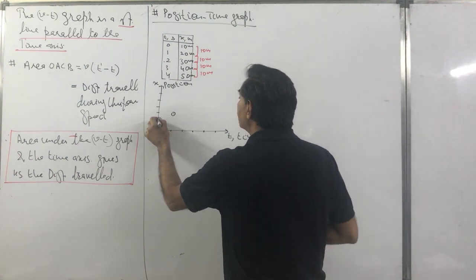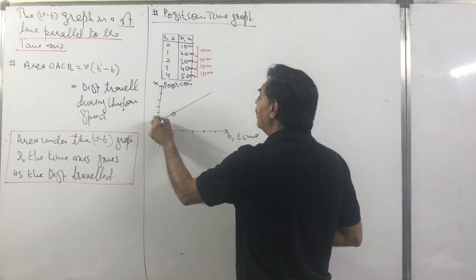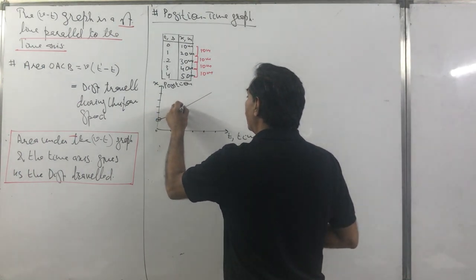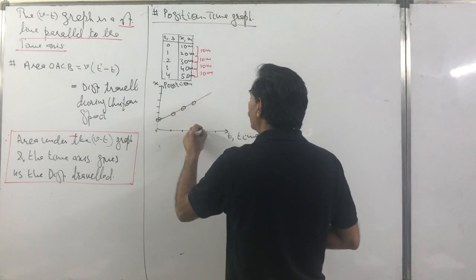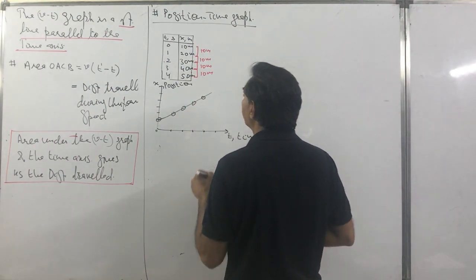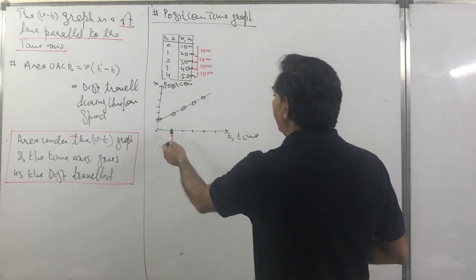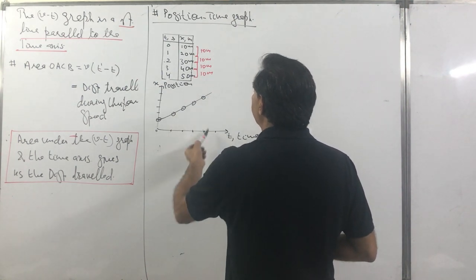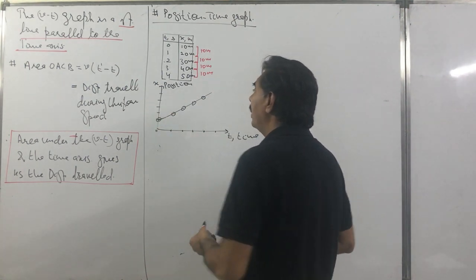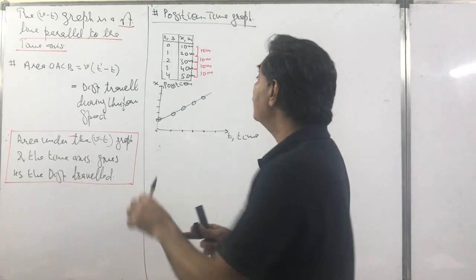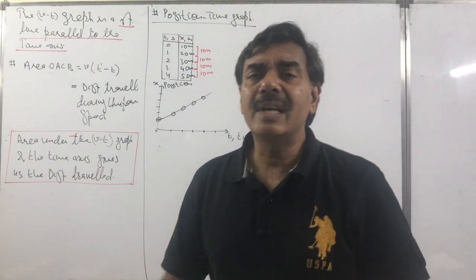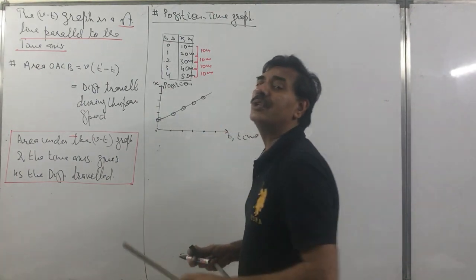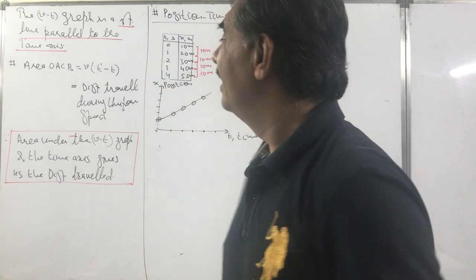Then it would be a straight line. If the graph would be a straight line, these are the corresponding points here, please. 1 second, 2 second, 3 second, 4 second, and 5 seconds. So whenever you see the graph to be a straight line, it means that for any time interval, the change in position will be the same.